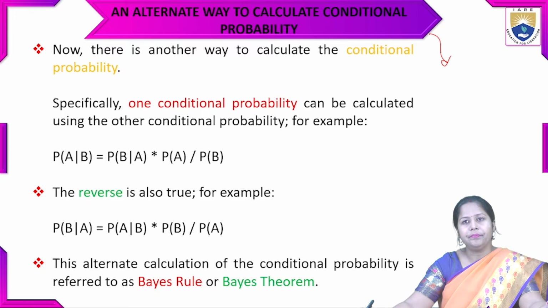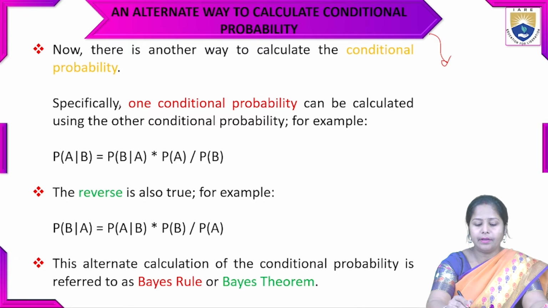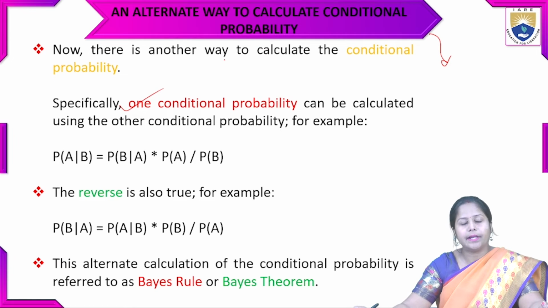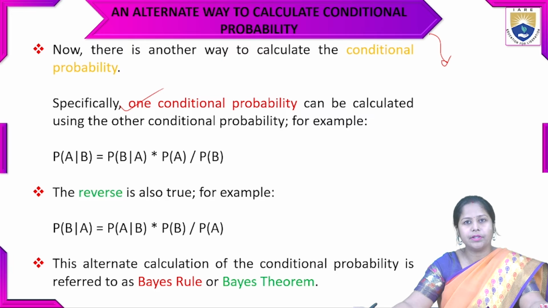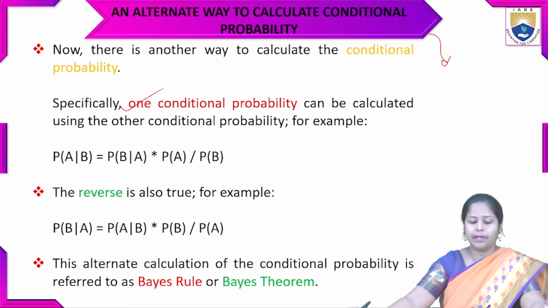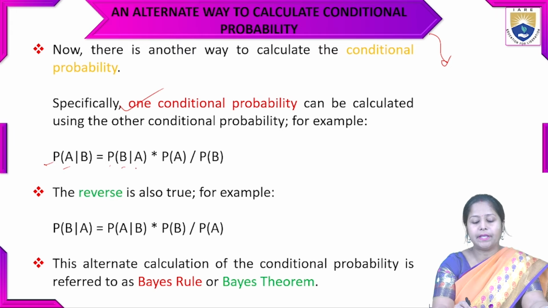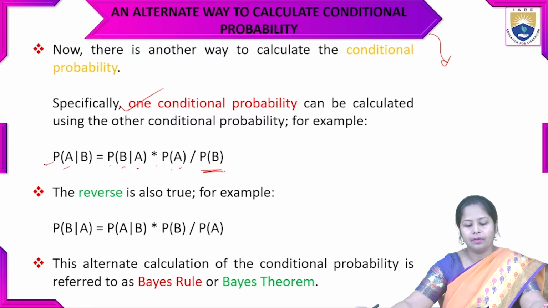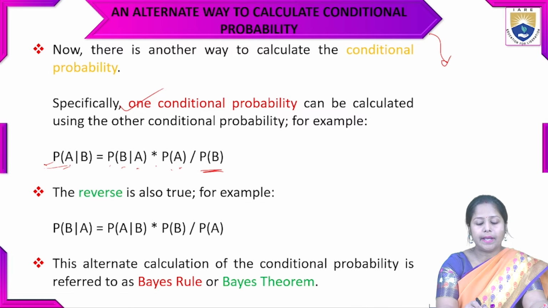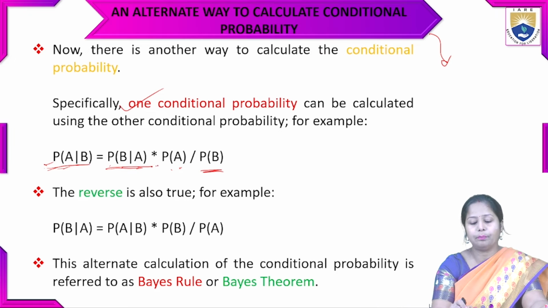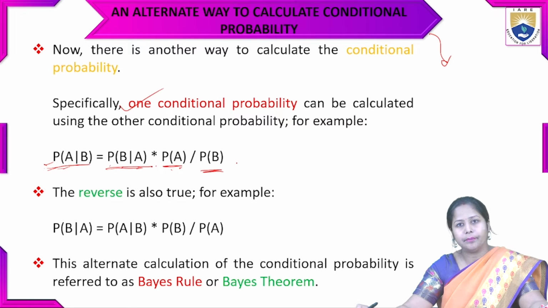Now there is another example. One conditional probability can be calculated using the other conditional probability. For example, P(A given B) is equal to P(B given A) times P(A) divided by P(B). Right?